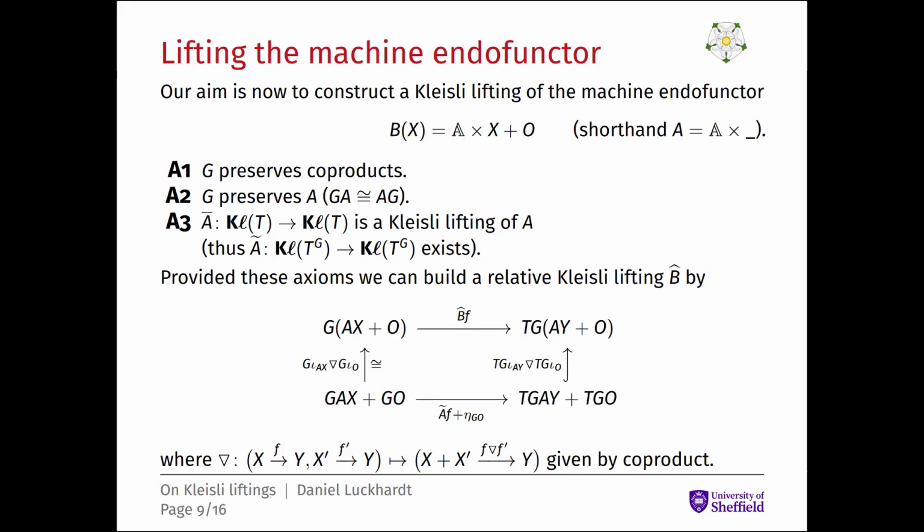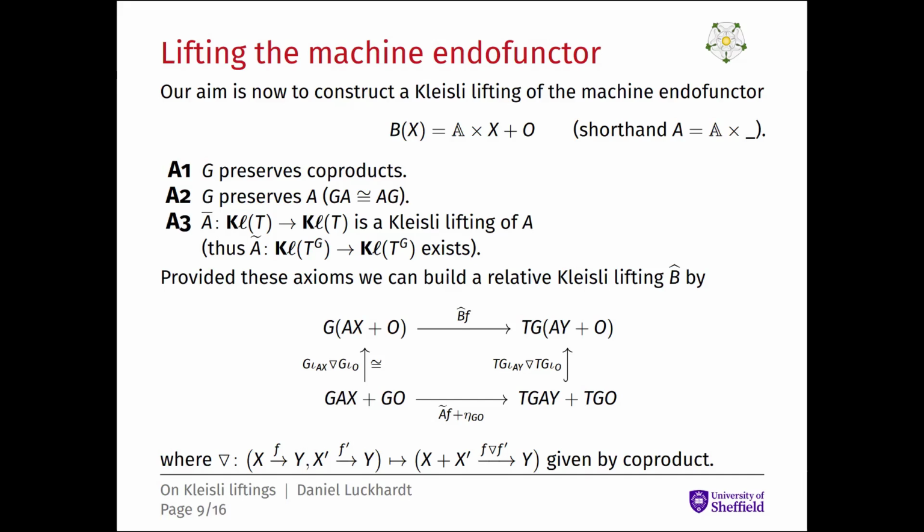And then the third axiom is that we already have that the Kleisli lifting works for this multiplication, so for this functor A in general. Then we can go down here, and again with coproducts, we can go upstairs.